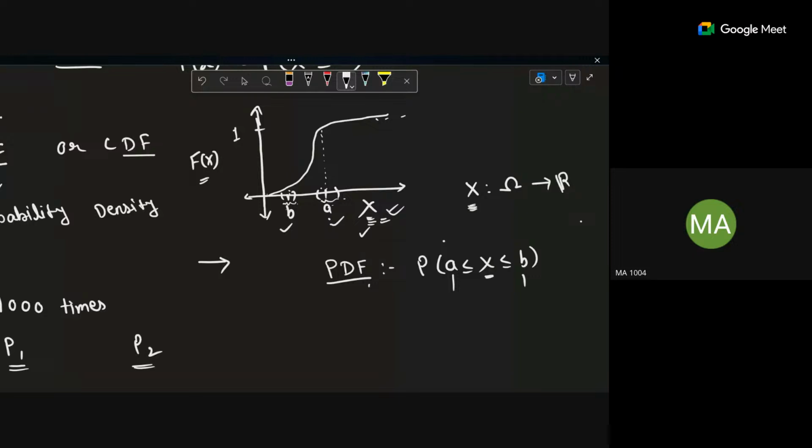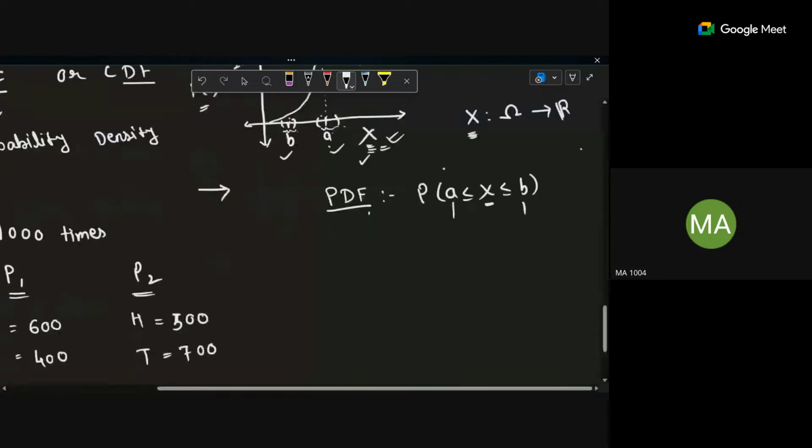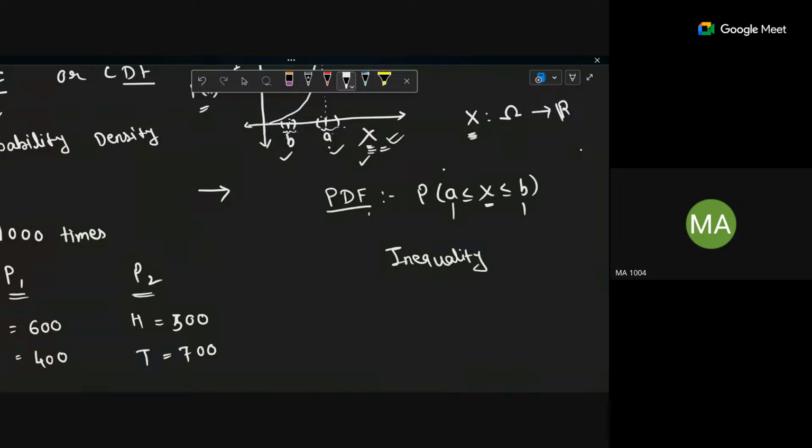But for some distributions, or when we define a random variable for which defining the CDF and PDF is a more tricky task, at that time we go with the inequalities, which will not give you the exact probability, but will give you the intuition that okay, your probability for your random variable x taking this value will not go higher than this value. So this will also help in some sense.